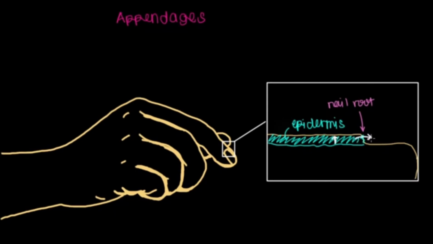What's important about this interaction point right here is that when you have cells grow in your epidermis, remember that you have cells ascend from your deeper layers up to the epidermis. But here your nail root also has cells that grow out that way.